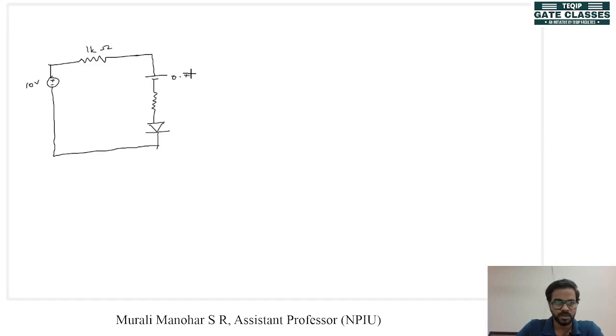This is 0.7 volt. This is 500 ohm. This is our ideal diode.